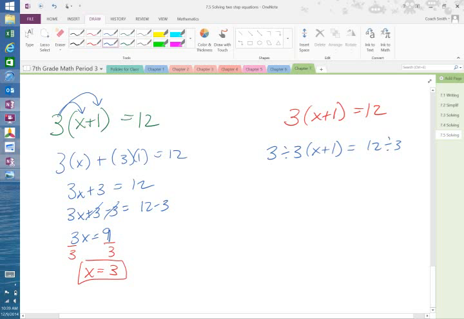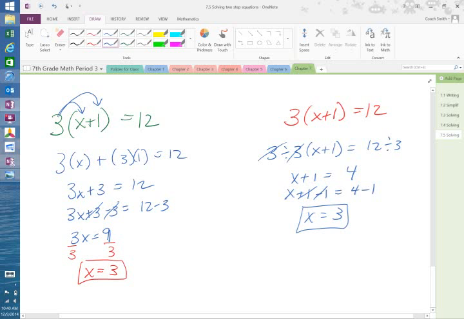Okay? 3 divided by 3 is 1, so it cancels, leaving me at x plus 1 equals 4. Now you do x plus 1 minus 1 equal 4 minus 1. These 2 cancel, leaving me at x is equal to 3.